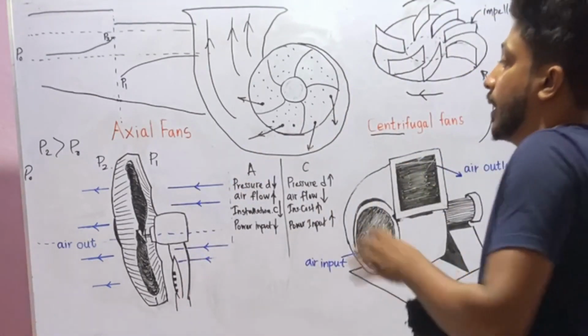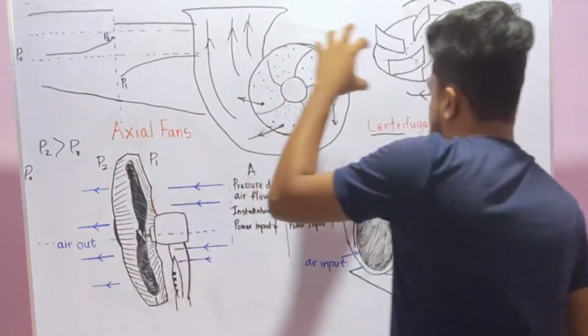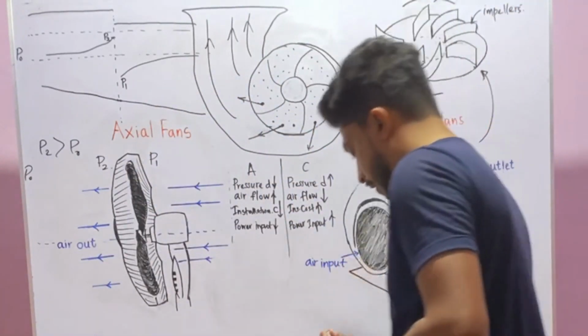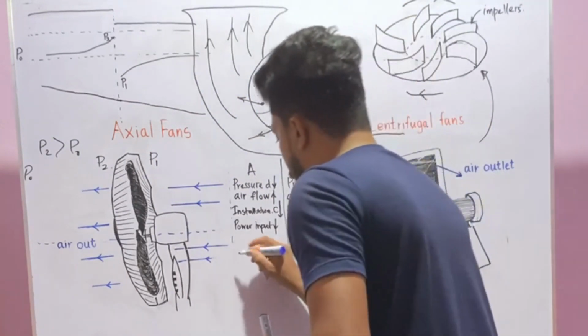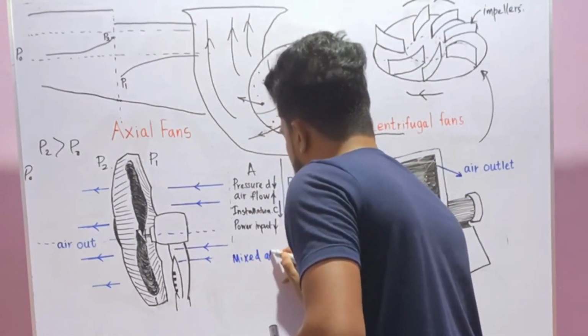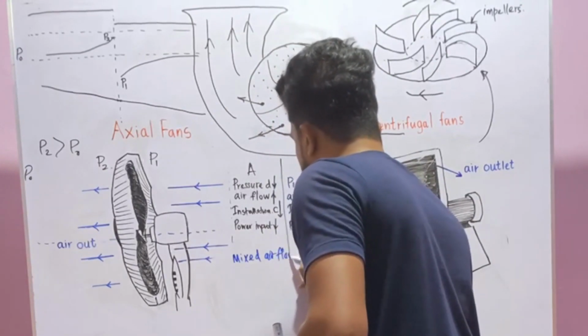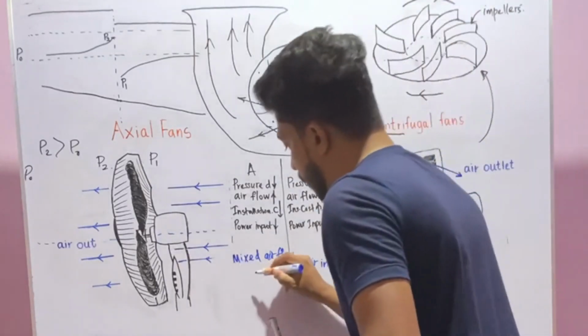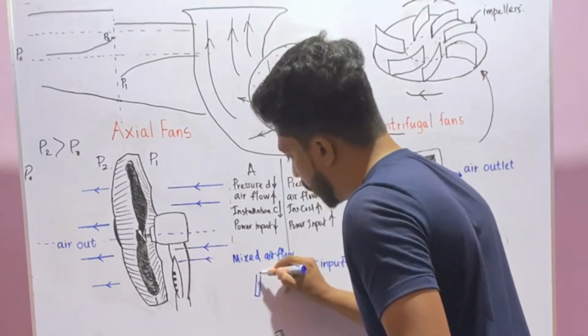Okay, so these are the basic types, axial and centrifugal, and there's another type. We call that the mixed airflow fan. They have both these mechanisms partially.